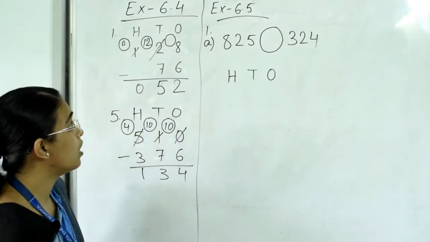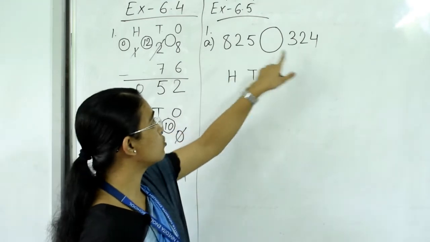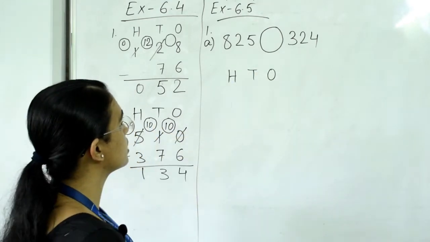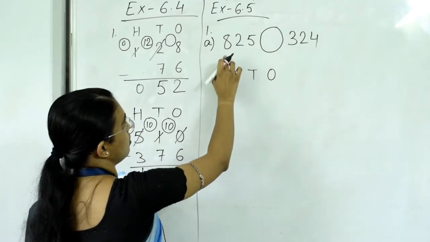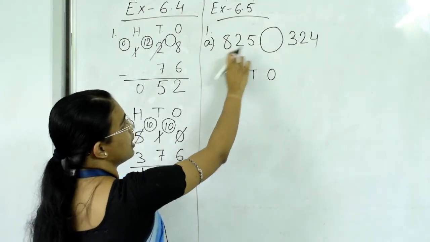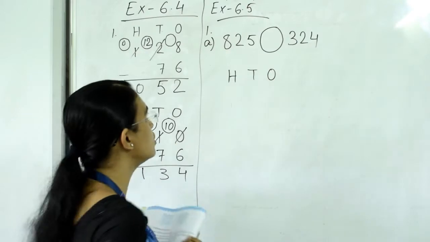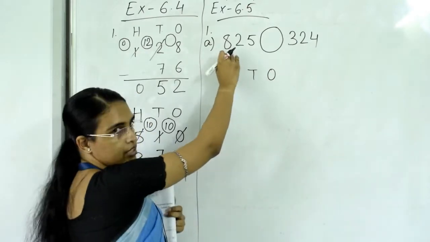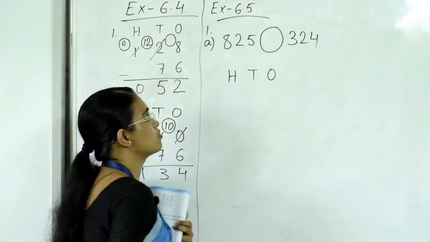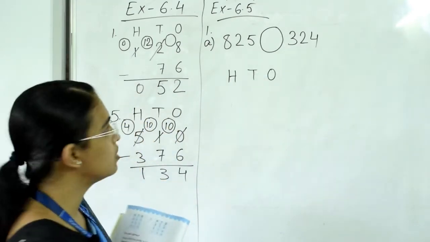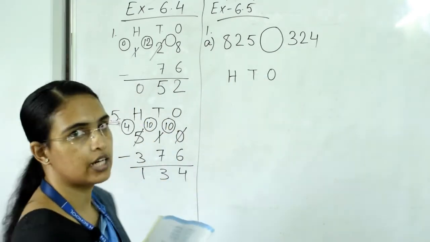Okay, so now first we have to compare these 2 numbers, which one is greater. So look at the first digit. Here we have 3 digits, here also we have 3 digits. On this side we have 8 and on this side we have 3. So which one is bigger, 8 or 3? 8, right?